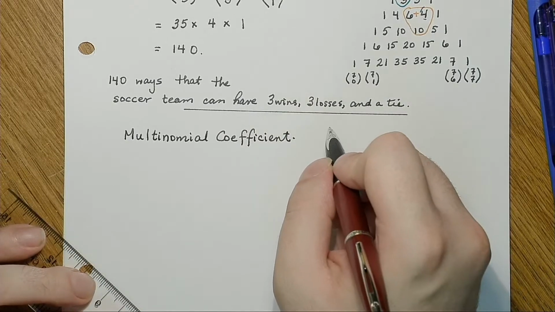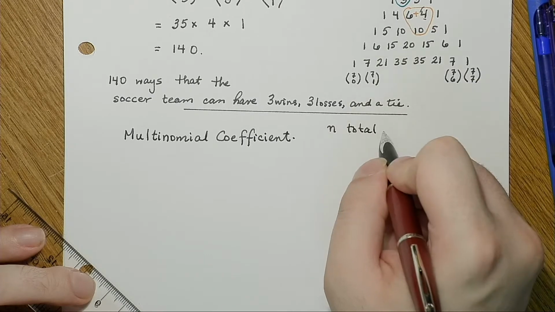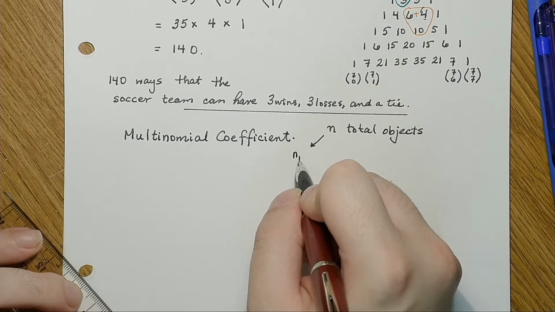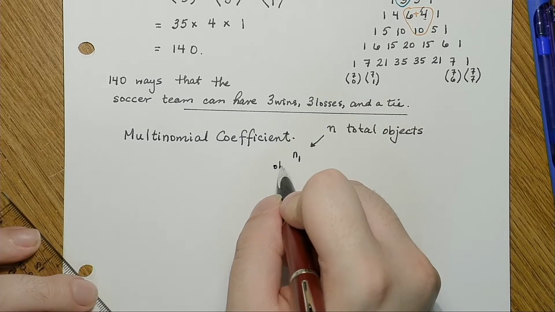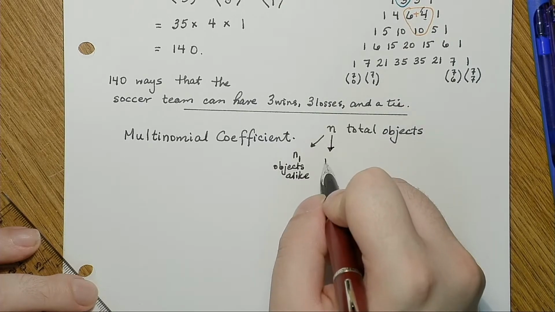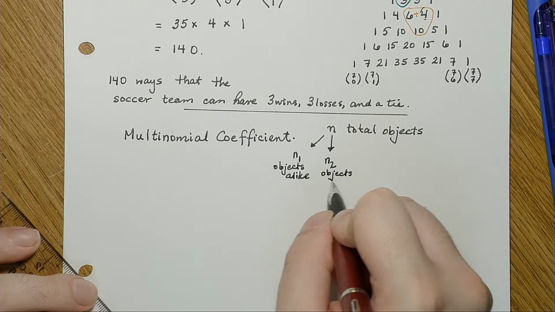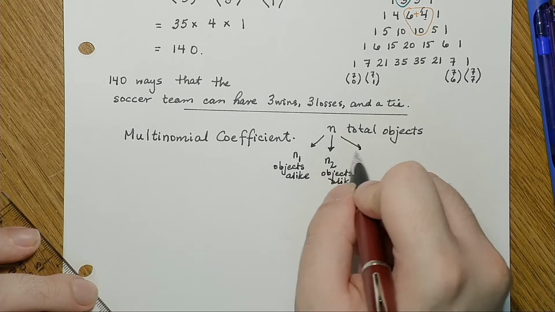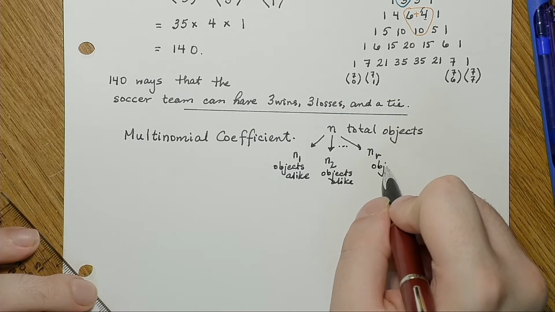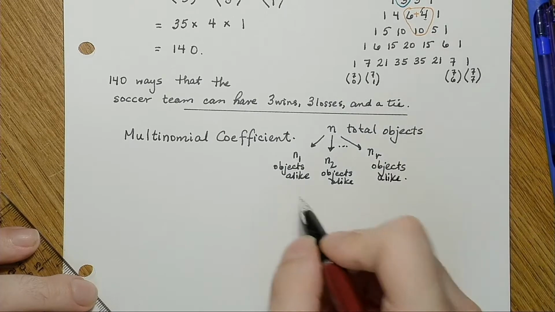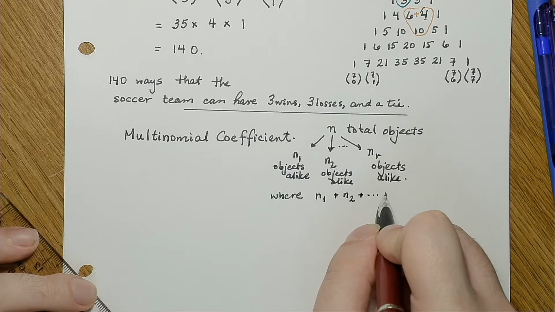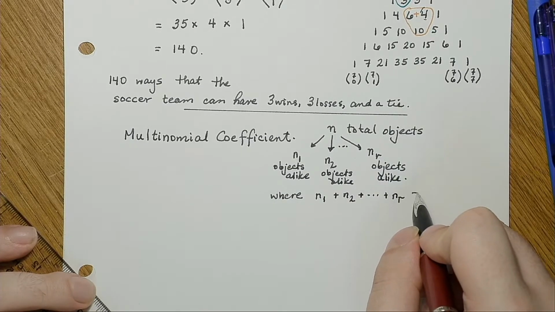So if you had n total objects, and you had n1 objects that are alike, you had n2 objects alike, all the way up to nr objects alike, where basically the sum of these, n1 plus n2, all the way up to nr, equals n.